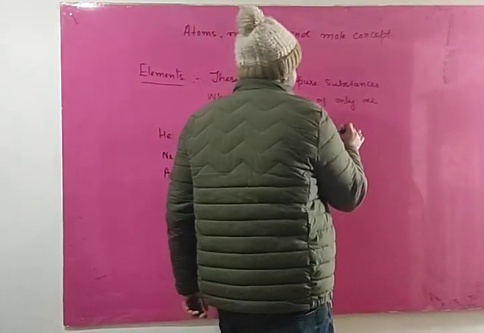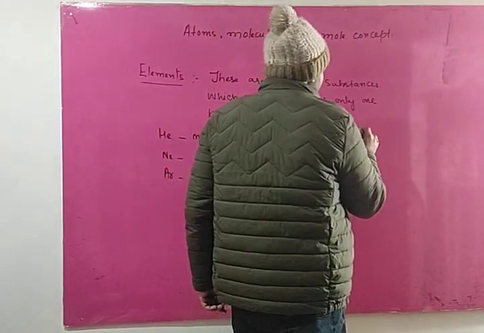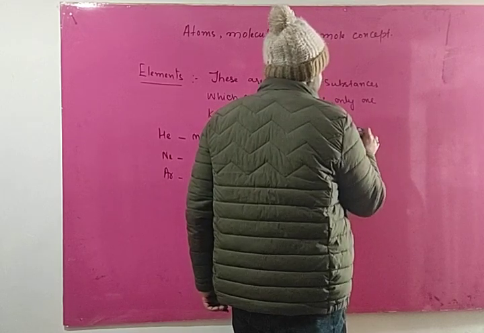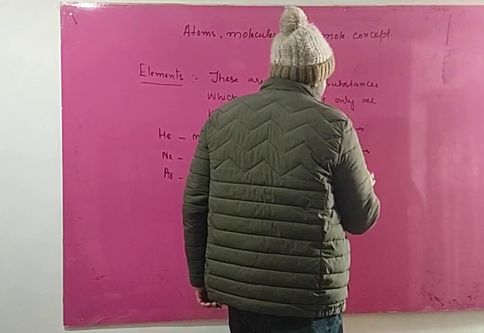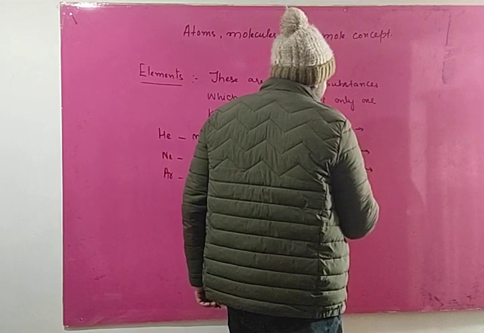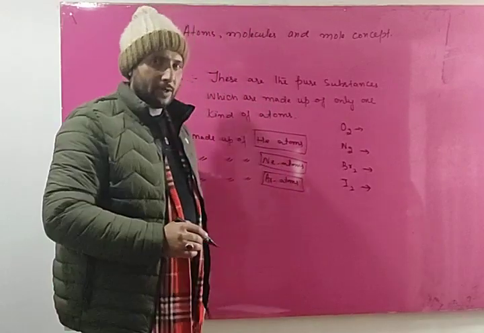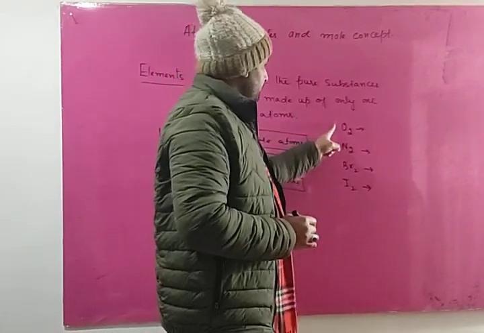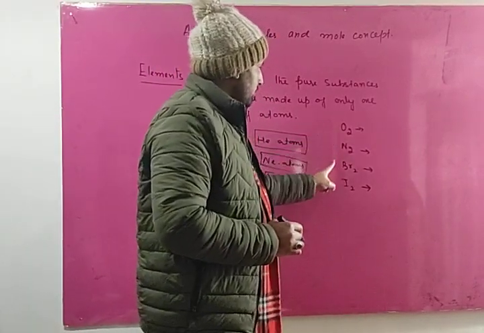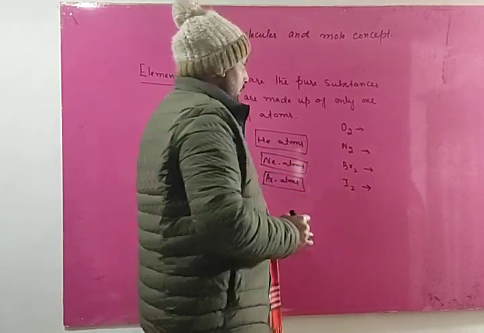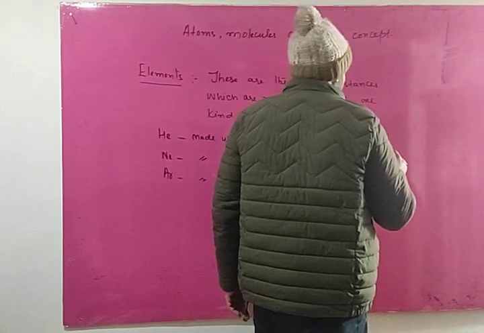But we have oxygen as O2, we have nitrogen as N2, we have bromine as Br2, we have iodine as I2. Now, in case of these substances, what are the constituent particles?